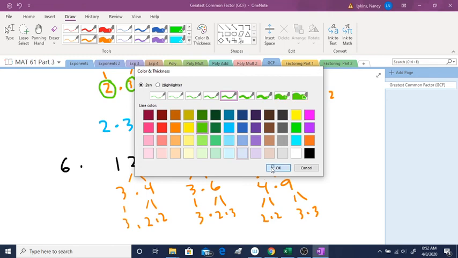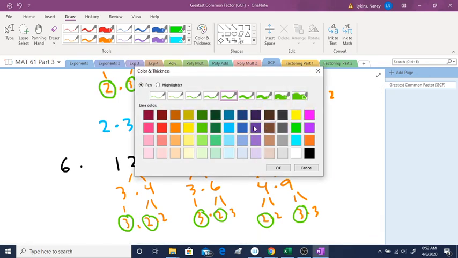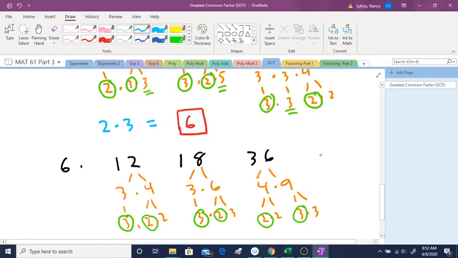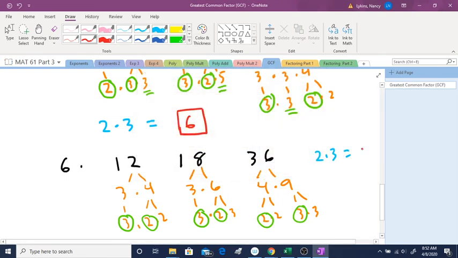So now what I'm going to do is I'm going to look at the 3. I've got a 3, I've got a 3, and I've got a 3. Then I've got a 2, and a 2, and my third 2 does not pair up with anything. So in this case, 2 times 3 would give me 6.